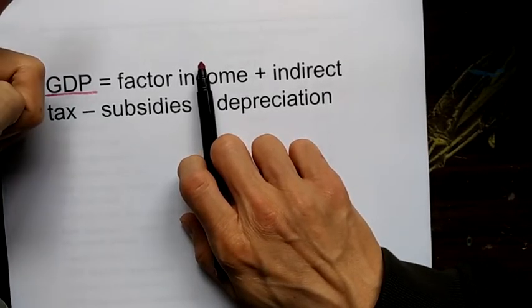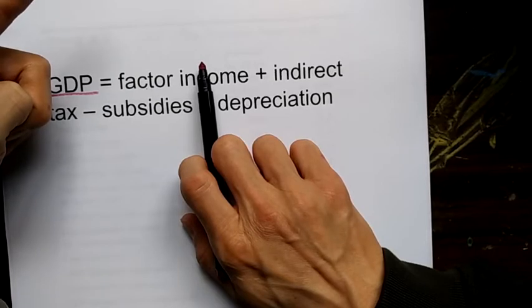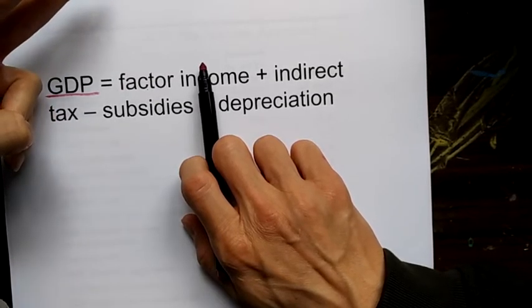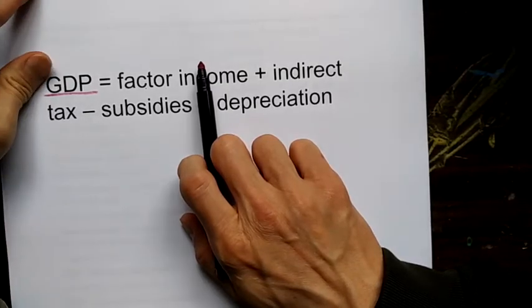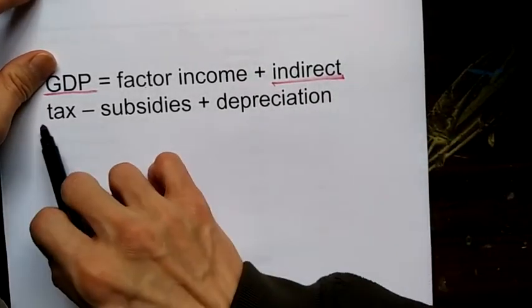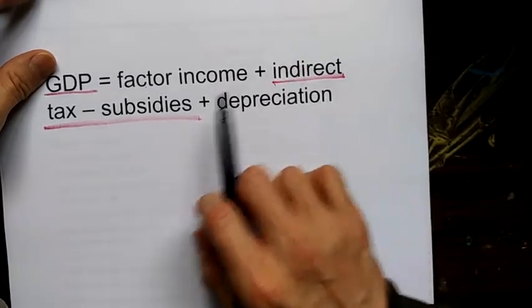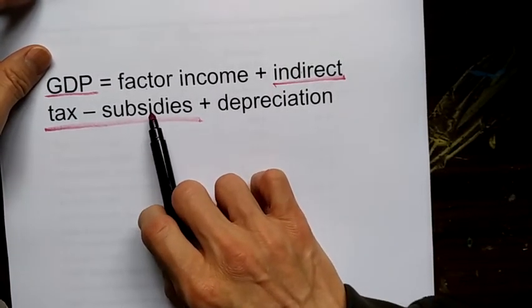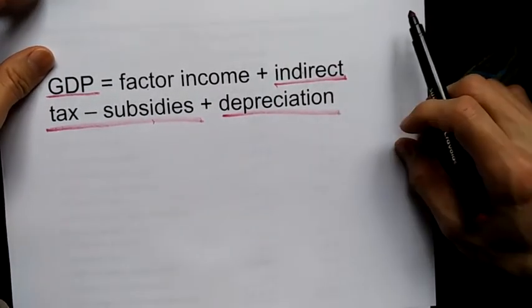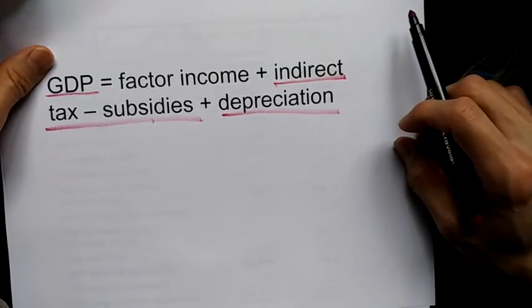Number one is corporate profits. The second one is, for a small restaurant, the proprietor's income. And then you have to do two adjustments. That is, add sales tax and then add depreciation.